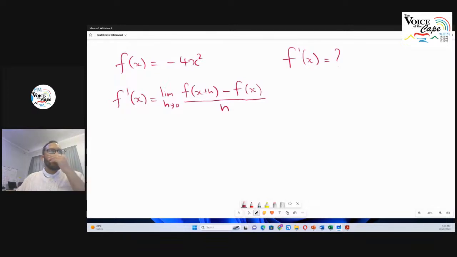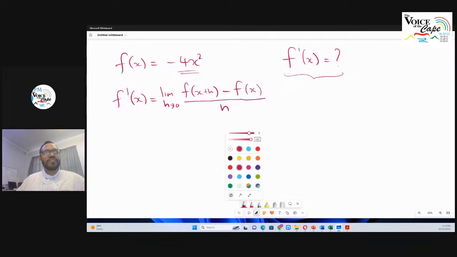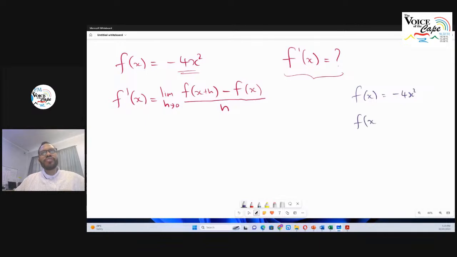Now look very carefully: this is my function f of x. You were told to find this over here, so let us substitute in. If f of x is equal to minus 4x squared, f of x plus h is what you also need to find.